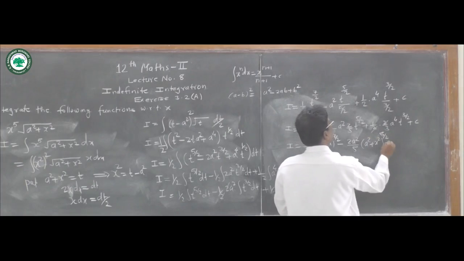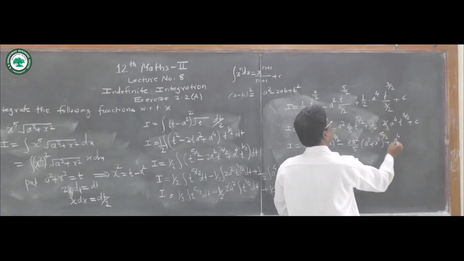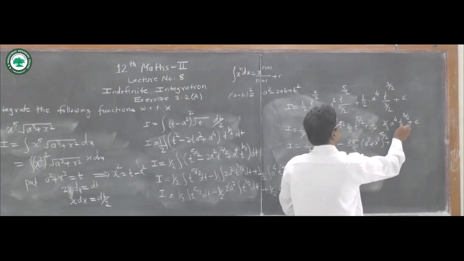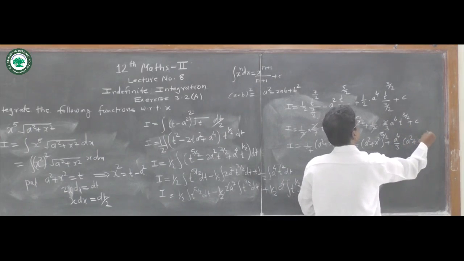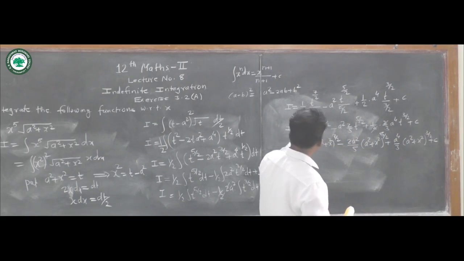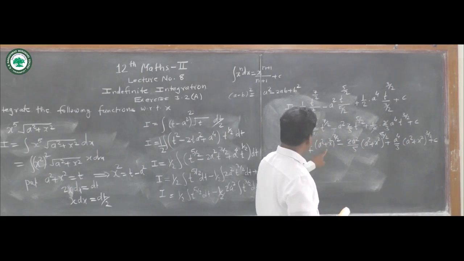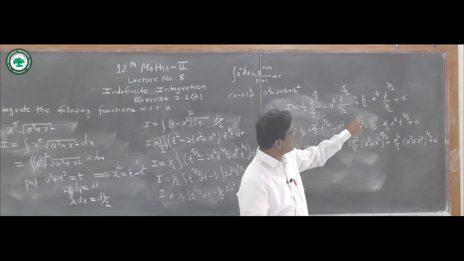Now here plus 1 into a to the power 4, a to the power 4 divided by this 3 into t. t is here a square plus x square to the power 3 by 2 plus constant of integration. 1 upon 7, t is a square plus x square to the power 7 by 2 minus twice a square upon 5, a square plus x square to the power 5 by 2.